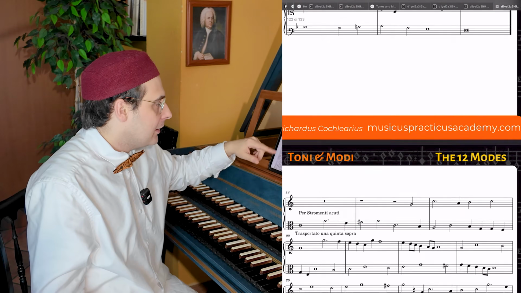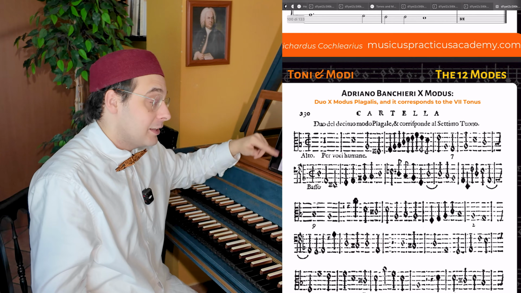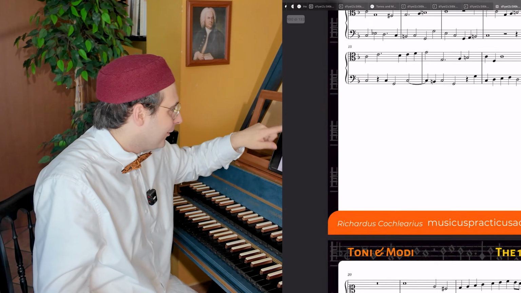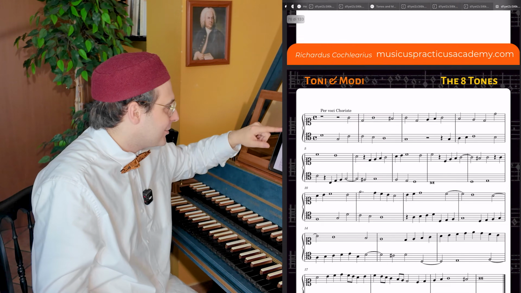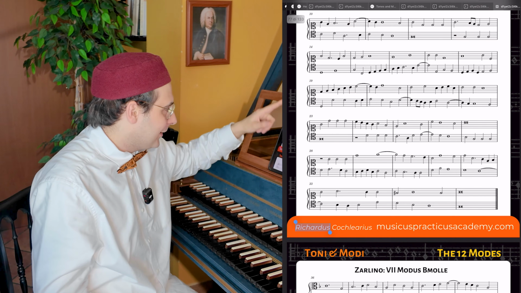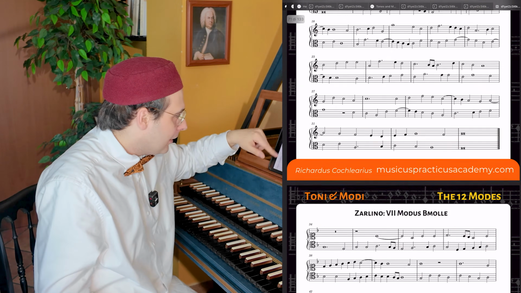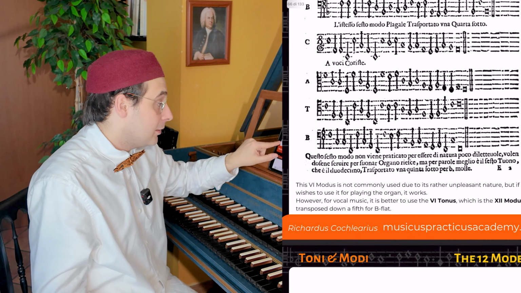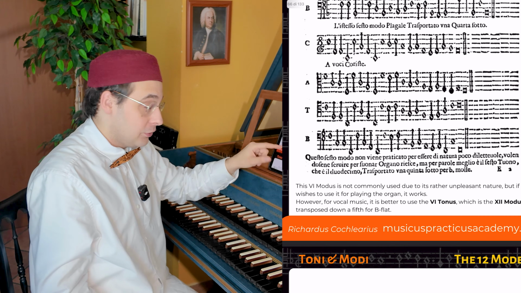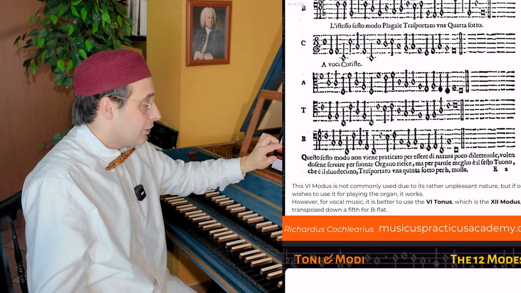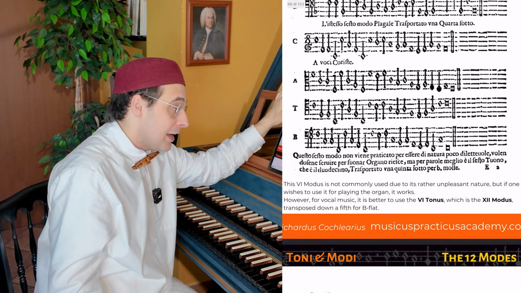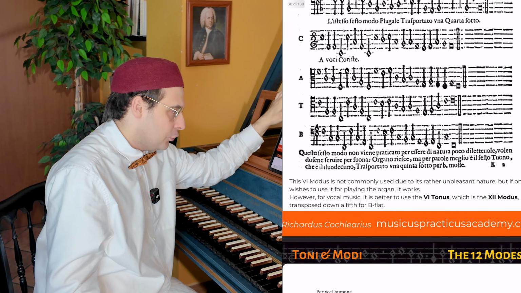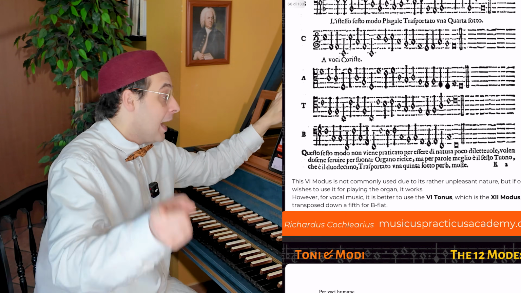Let's see what Banchieri says about the sextus tonus, the sextus modus. Let's scroll all the pages. Only in this chapter there are more than 100 pages. So let's come back here, sextus, here it is. Banchieri says that this sixth mode, sextus modus, the one we played before, is not commonly used due to its rather unpleasant nature, but if one wishes to use it for playing the organ, it works.